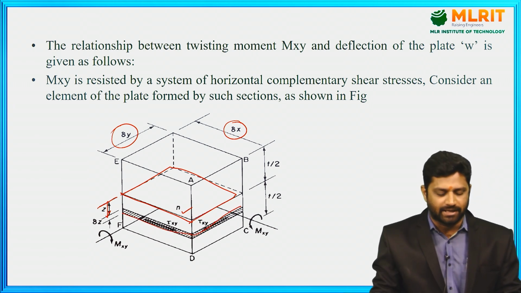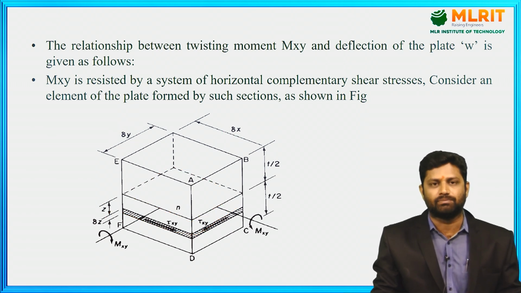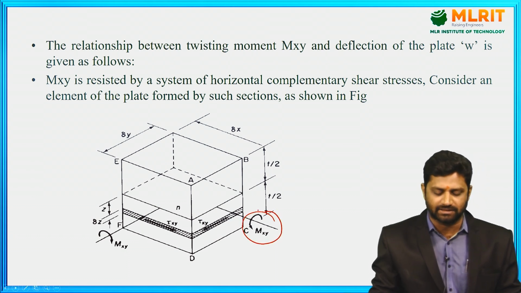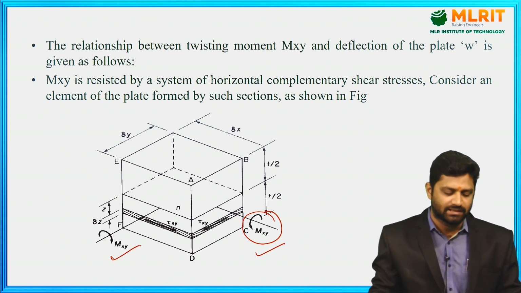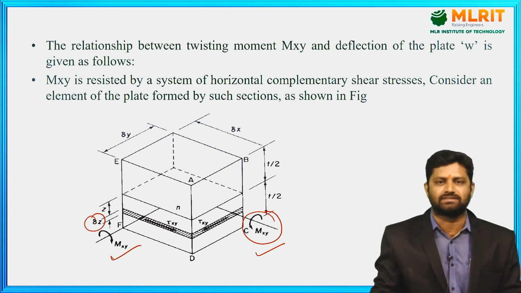What are we going to denote here? We denote the twisting moments first. Let us assume mxy is a twisting moment acting parallel to the x-axis, and mxy is also acting on this edge, which is parallel to the y-axis. Let the thickness of this elemental strip be delta z.